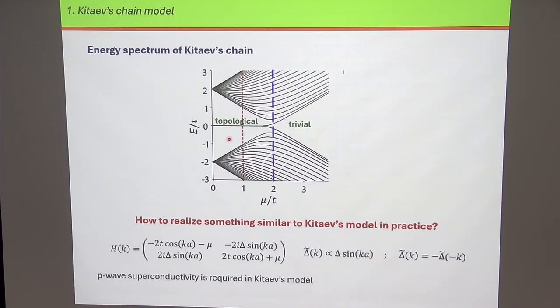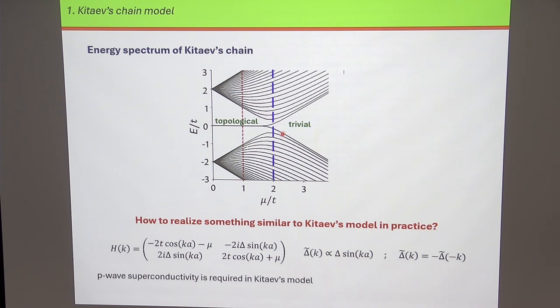Now you see there is a little bit of disagreement between this and what we got, right? Because we got that for mu smaller than 2t, you should have this zero energy state. But if you look close here to 2, there is not really zero, right? It has some finite energy there.